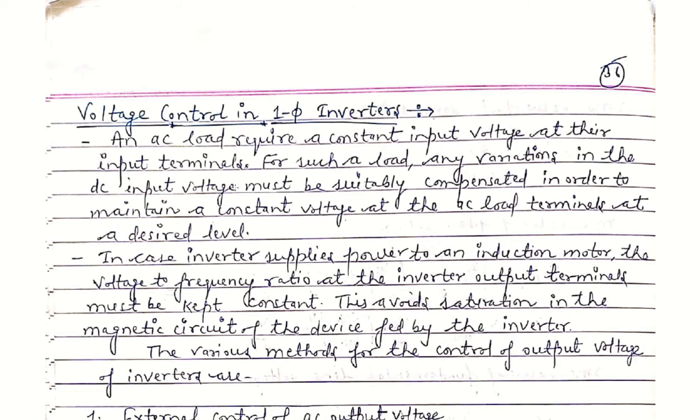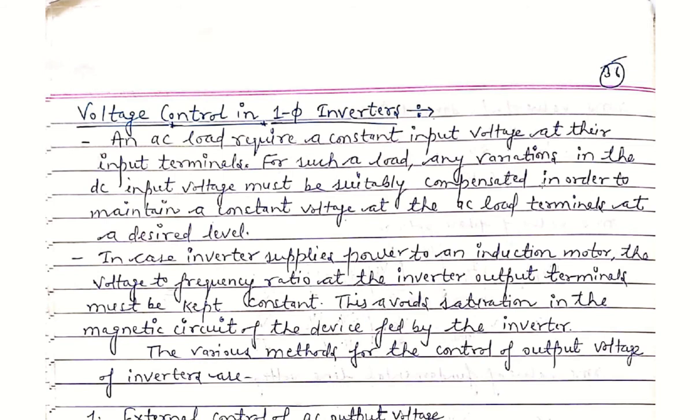An AC load requires a constant input voltage at its input terminals. Why? Because if we want to obtain an AC voltage output at the load with a fixed amplitude and frequency, then its input must have a fixed DC voltage, so that a sinusoidal waveform with a fixed amplitude as well as frequency will be obtained.